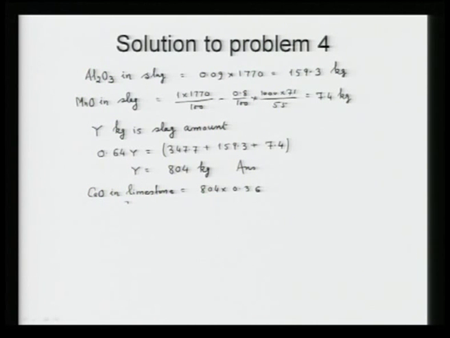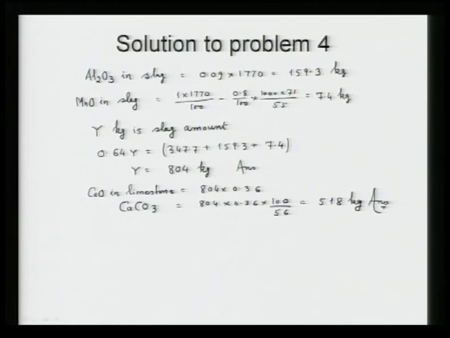So, the amount of calcium carbonate, that is limestone, will be equal to 804 into 0.36 into 100 upon 56. So, that will be 518 kg. That is the calcium carbonate.